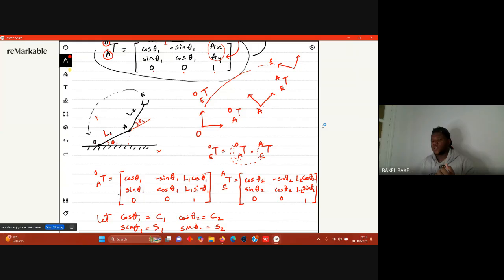So the first reference is A to O. The second reference is E to A. And the rotation of E to A is theta 2, not theta 1 plus theta 2. Theta 1 is only A to O. Did you understand? Okay, Said gets it now.